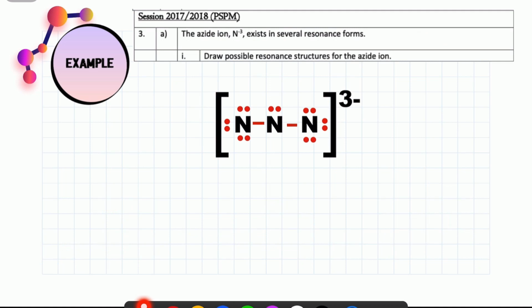Okay, this one is an example that I took from the past year questions, 2017 and 18. It gives you the azide ion. Actually, the formula of the ion is N3 minus, not N negative 3, it is N3 minus. So please do corrections in your questions. Then it needs you to draw possible resonance structures for the azide ion.